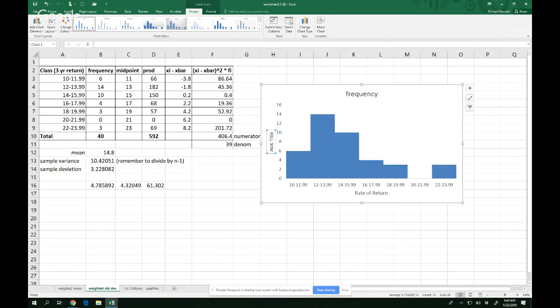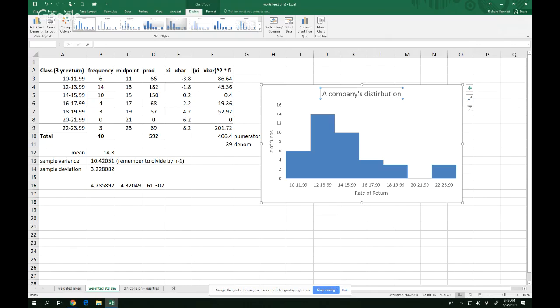The number of funds. And then what would we put for the title? Investments, or distribution.